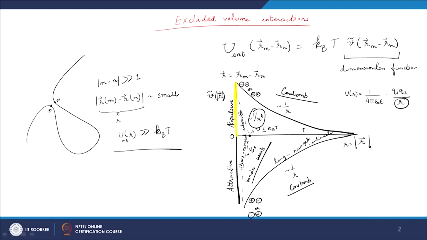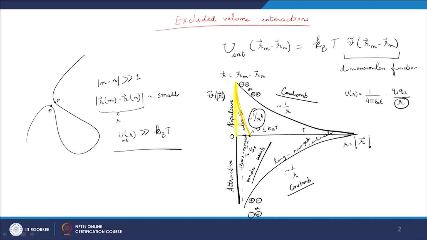That means as soon as the polymer chains or segments cross, we have a very high interaction, and otherwise it is 0, because after some distance it is going to fall off and the decay is very rapid compared to, say, a long range interaction. So, we can approximate using a delta function.